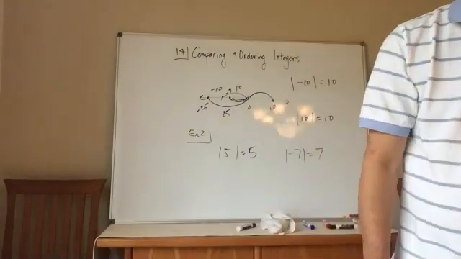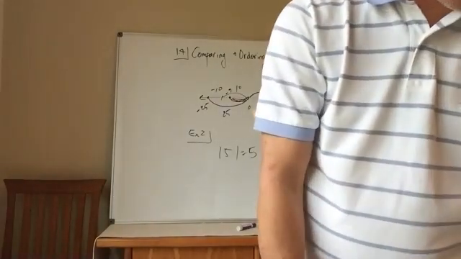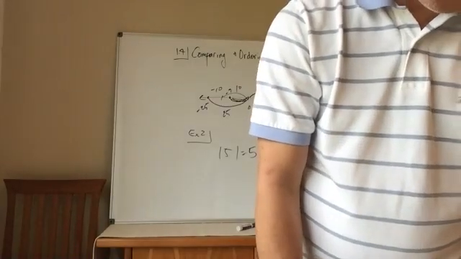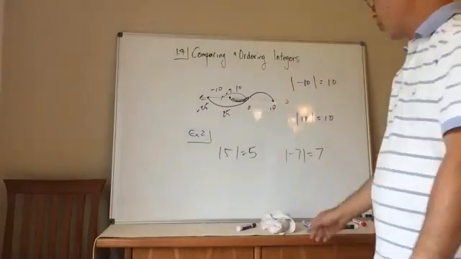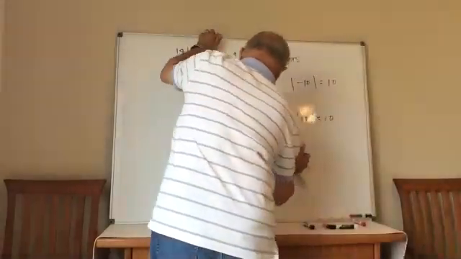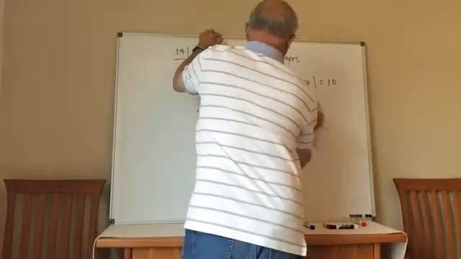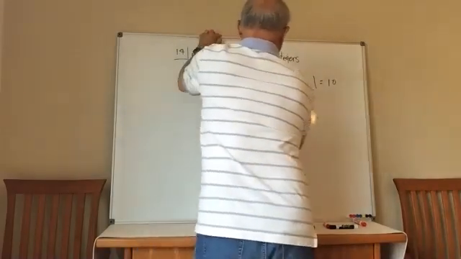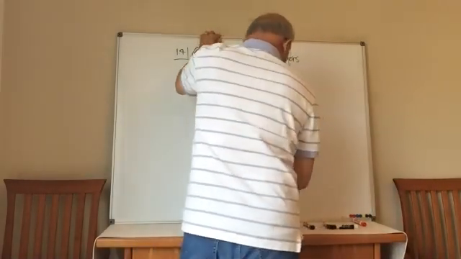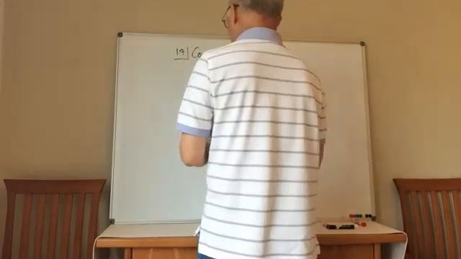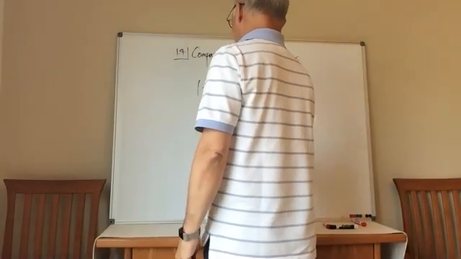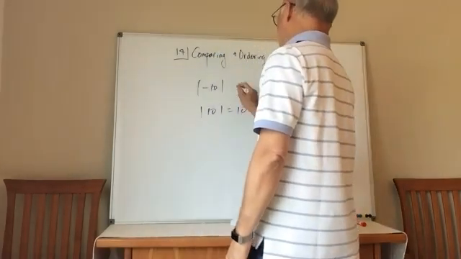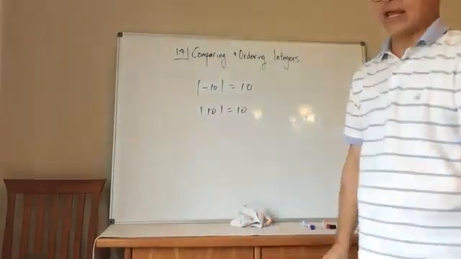Opposites. Two numbers are opposites if they have the same absolute value but different signs. So in other words, we just said right here that negative 10 and 10, the absolute value of both of these is going to be 10.